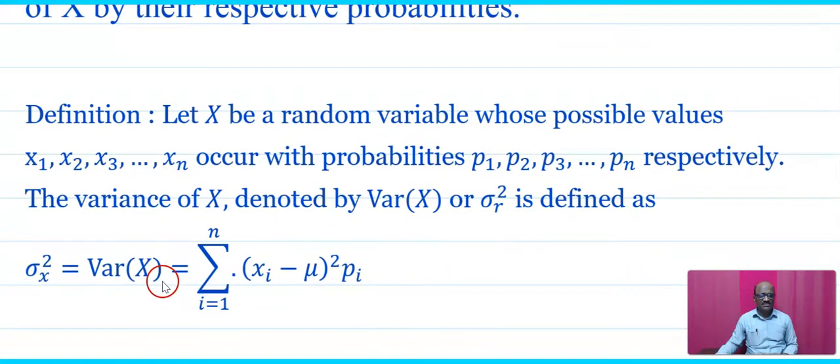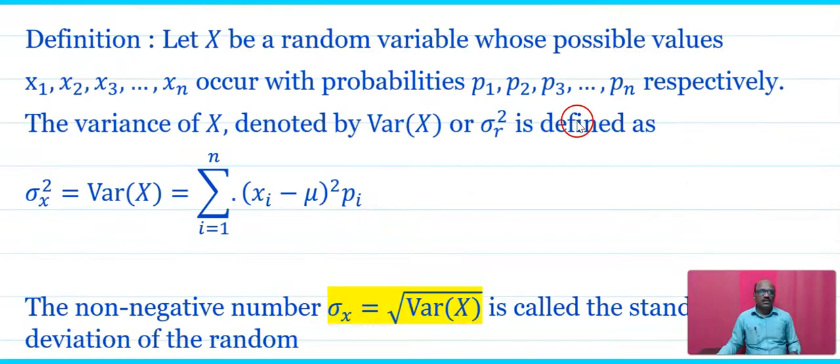Now, that is the definition. Next, let X be the random variable whose possible values x1, x2 up to xn occur with their probabilities p1, p2 up to pn. Here we will define the variance.